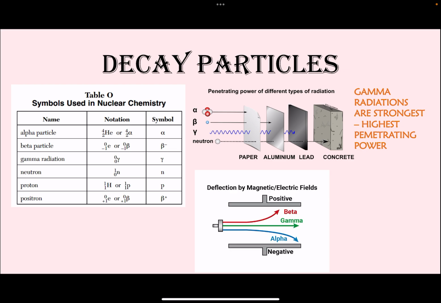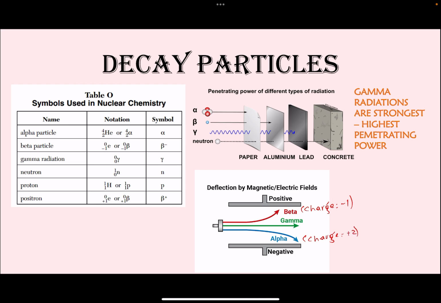Another thing you can use to compare the decay particles is, what if we let alpha, beta, and gamma radiation pass through an electric field? As you can see in this picture, the beta particle is bending towards the positive side, because remember that the charge of a beta particle is -1. And then we see that the alpha particle is bending towards the negative side, because the charge of an alpha particle is +2.